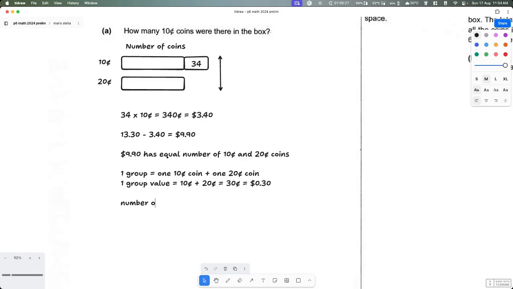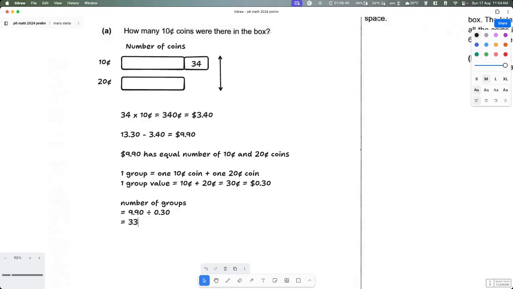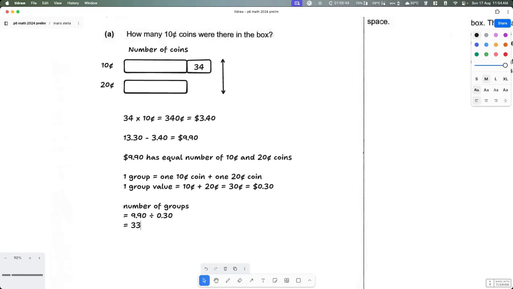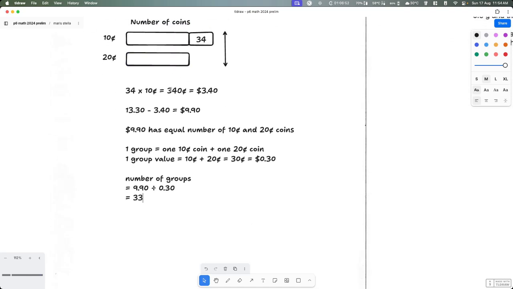So number of groups is equal to 9.90 divided by 0.30, which is equal to 33. Now this is where we want to get the number of 10 cent coins.